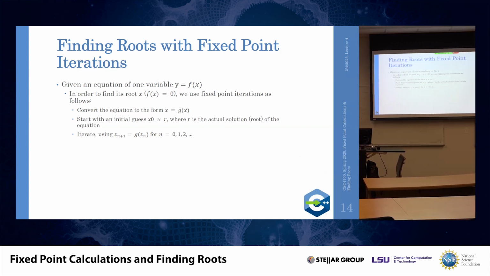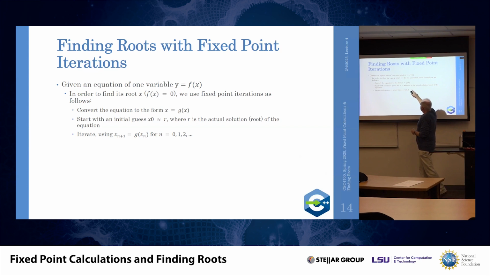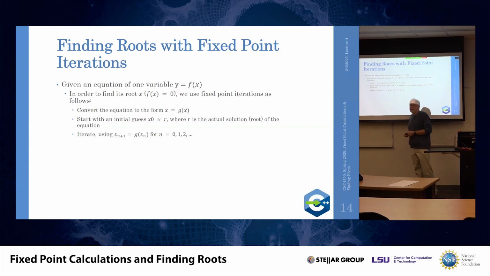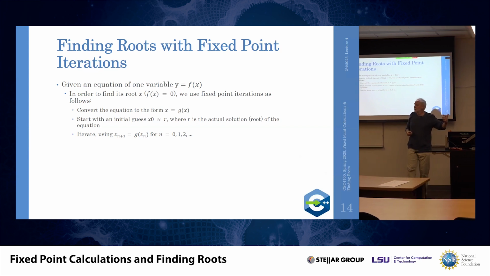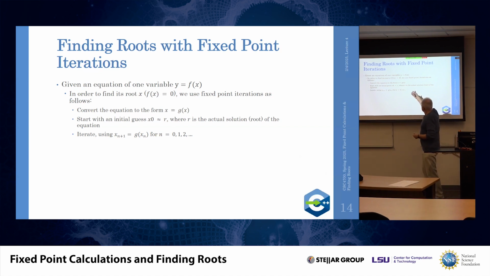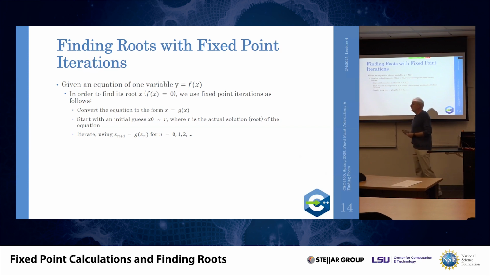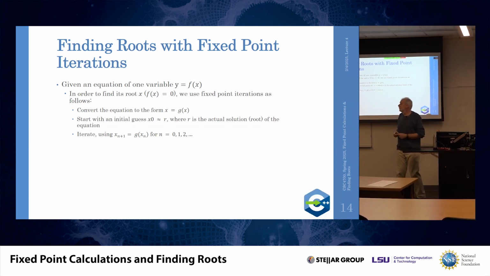First thing we need to do, we convert our f of x to a different representation which says x equals g of x, where g is a different function from f, obviously, because we have kind of pulled out one of the x's to the other side.